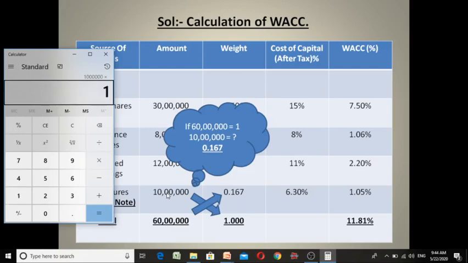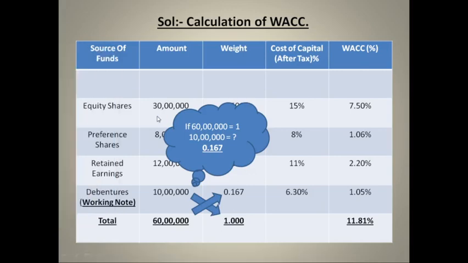Into 1, and we'll be dividing it by 60 lakhs. So we get the final answer as 0.166, which can be written as 0.167 also. Right, my dear friends? Fine. So that's the way to solve such types of sums.